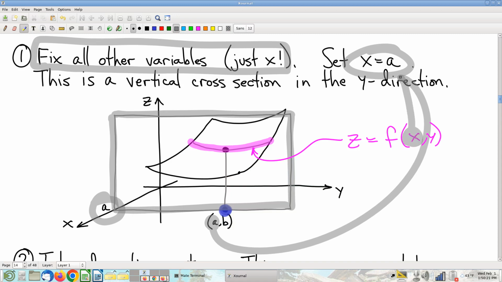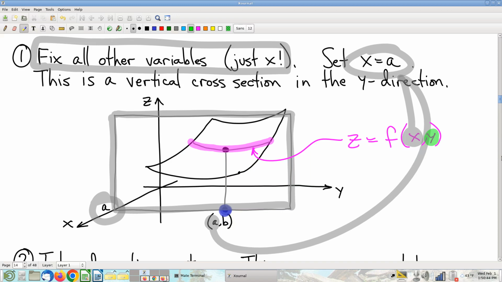X is a constant. So really we have z as a function of a single variable y. And furthermore, this curve, its height represents the value of the function, and the single variable y represents this direction, namely the direction parallel to the y-axis.